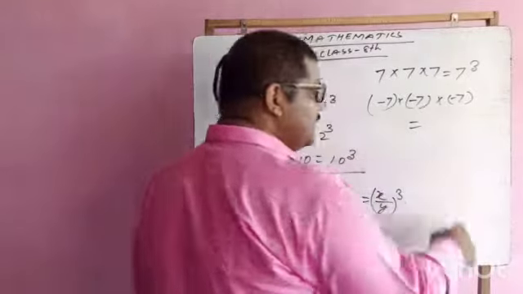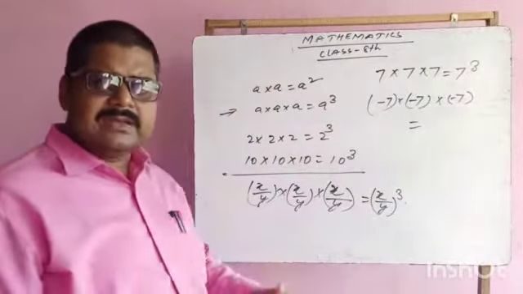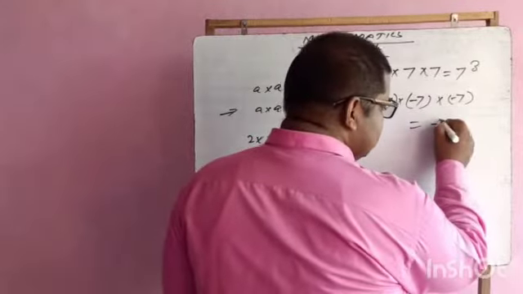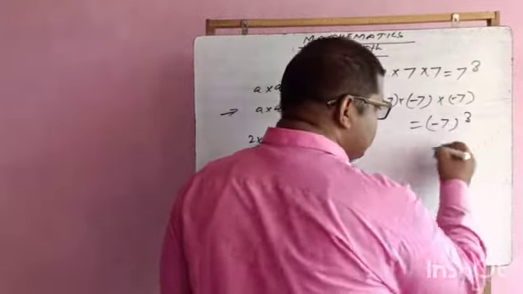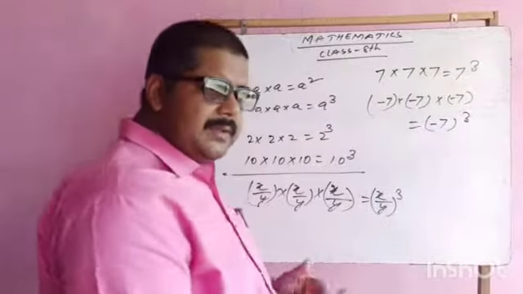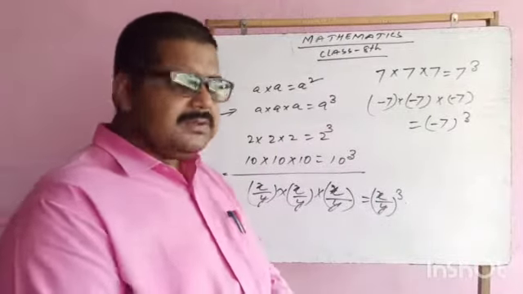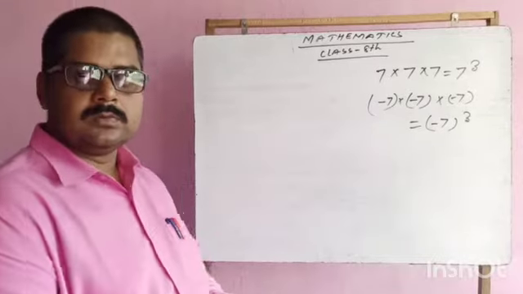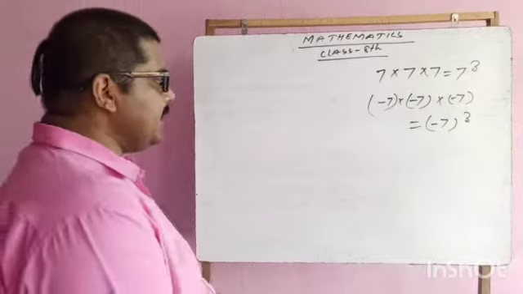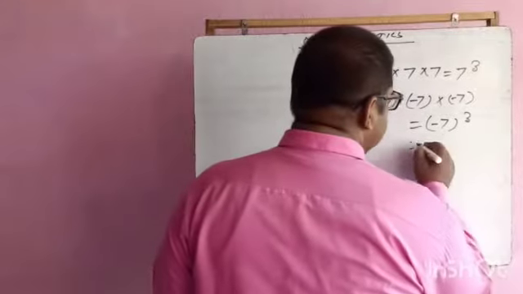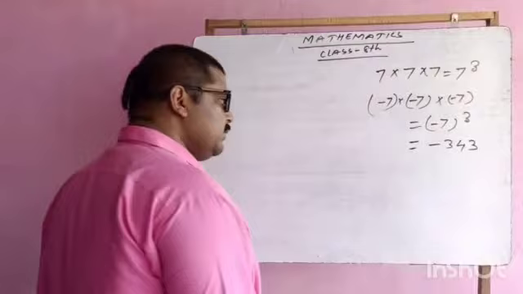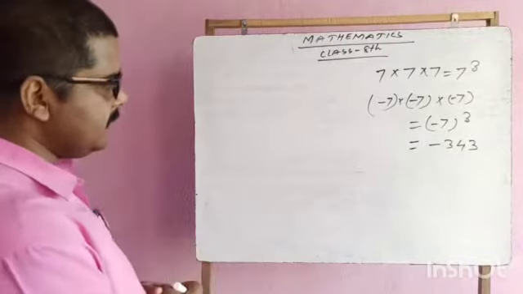The result must be negative, minus 7 cube. Since it is multiplied 3 times, the result must be negative. So when you multiply, you get minus 343.